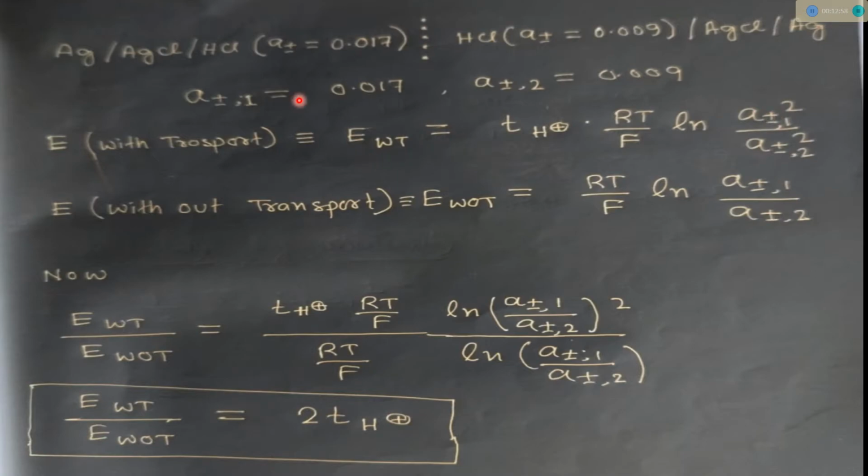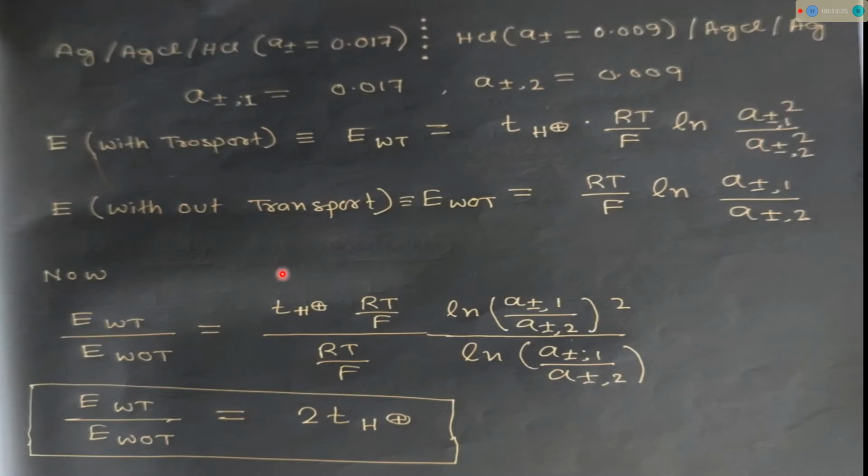This is the expression. If this kind of cell with transport is given, then the cell EMF with transport, E_WT, equals t_H+, the transport number of the cation of the electrolyte, times RT by F ln (a± 1)² upon (a± 2)², where a± is the mean ionic activity coefficient of the electrolyte.